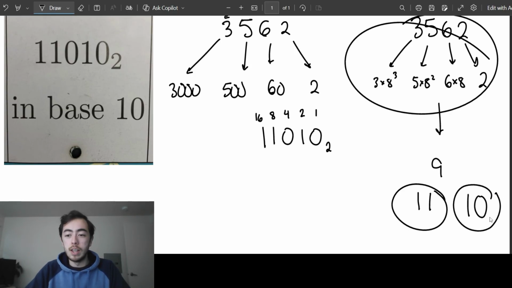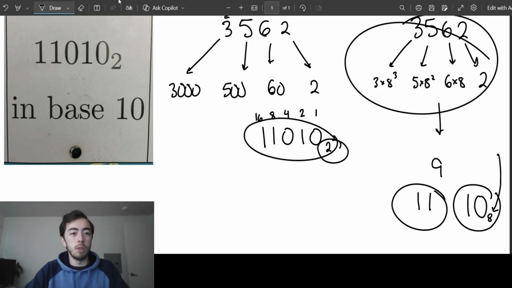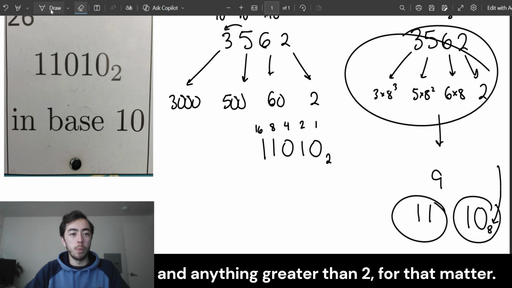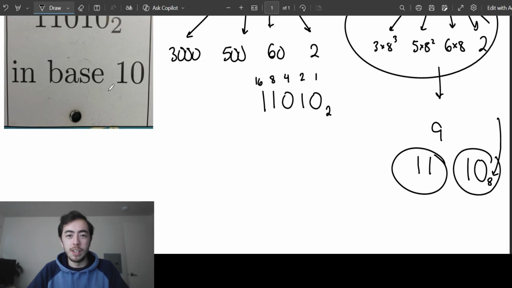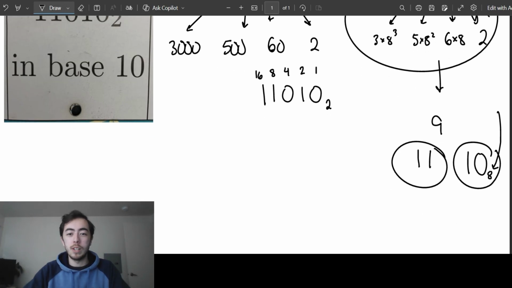And so this represents 8 objects in base 8. So when you're working in a base, you'll never see that actual digit show up in any of the numbers. So since we're in base 2, we're never going to see the digit 2 show up at all, because the proper way to write the number 2 in binary is this.